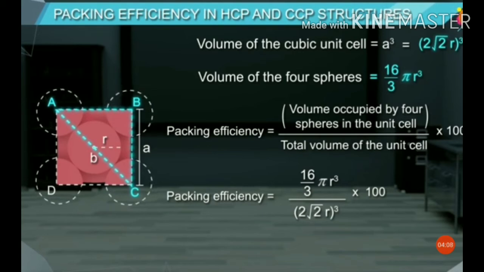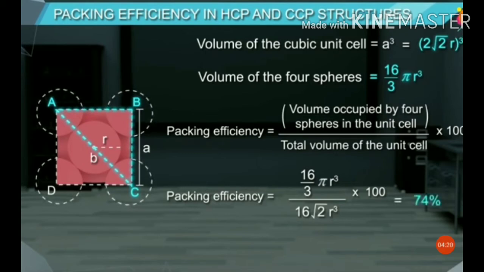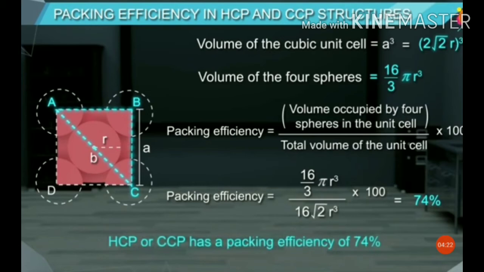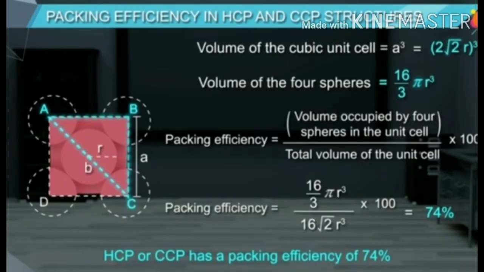On substituting the values, we get the packing efficiency of FCC lattice or HCP lattice or CCP lattice, which is equal to 74%. This means that in HCP or CCP lattice, 74% of the unit cell is filled with particles and 26% is vacant space.